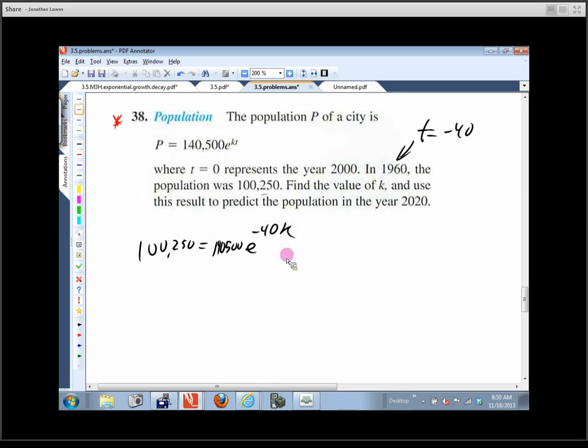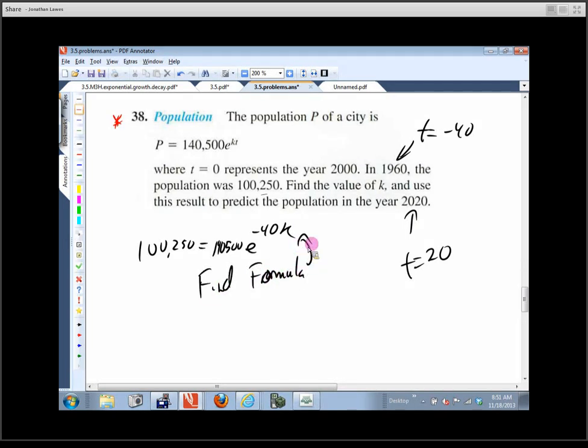Once you find the k, would you have the whole formula? And then they want to know, find the population in the year 2020. Once you get the formula, what are you going to do with it? What t would the year 2020 represent? t equals 20. So, find formula.